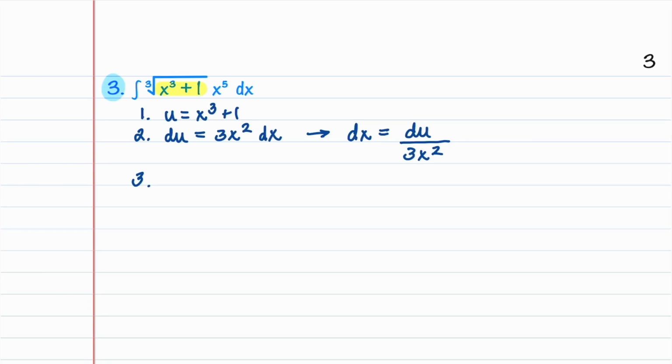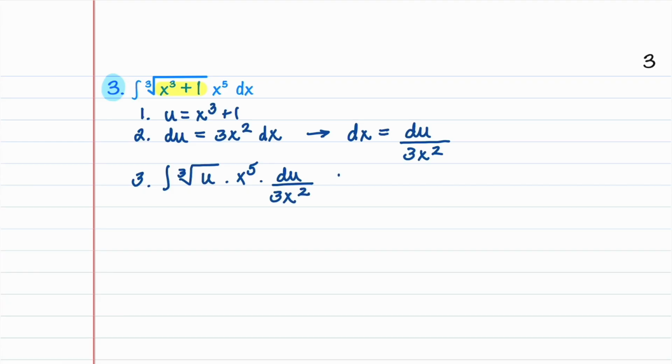Now let's substitute u and dx back up into our integral. We have the integral of the cube root of u, and then we have an x to the fifth. We'll do something with that in a minute. And then we have dx, which is du all divided by 3x squared.